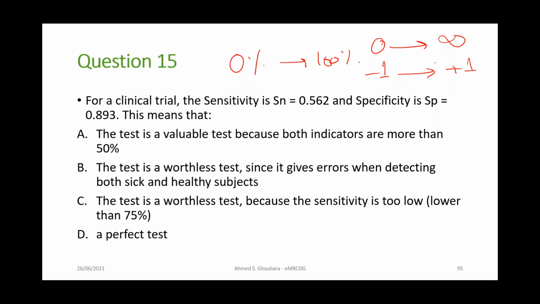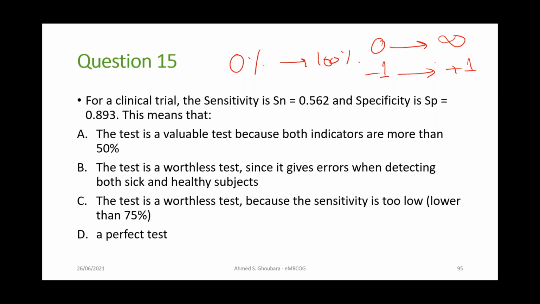There is nothing called negative odds ratio or negative risk ratio. Nothing called like this. So what do you think about this? Clinical trials, sensitivity just 56%, specificity is so perfect and high. Someone says, hey, the test is valuable because both indicators are more than 50%.